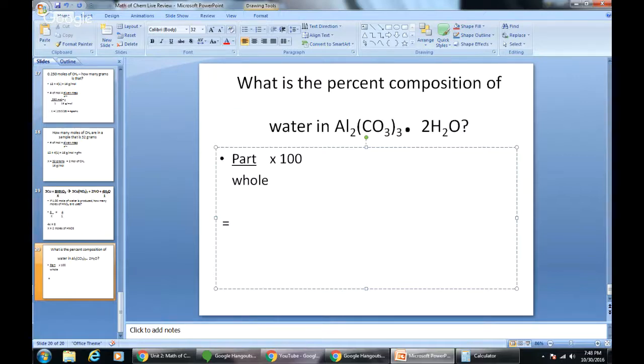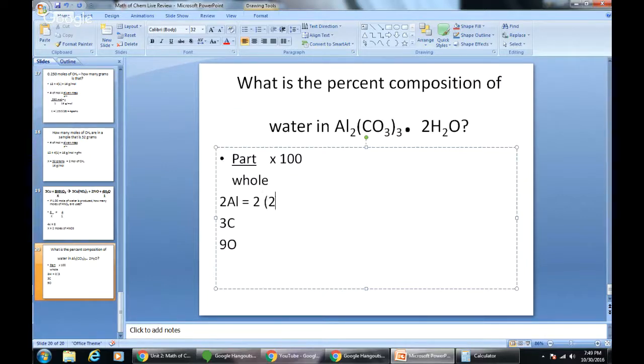So Al2, you have 2 Al. How many carbons do we have? We have 3 carbons, and we have 9 oxygens.